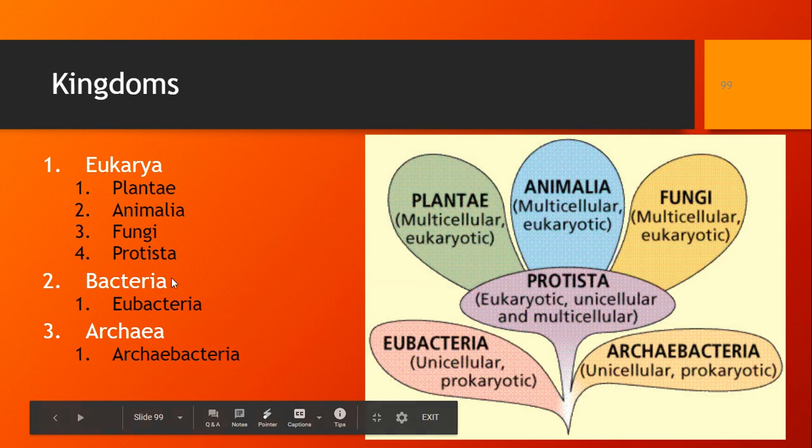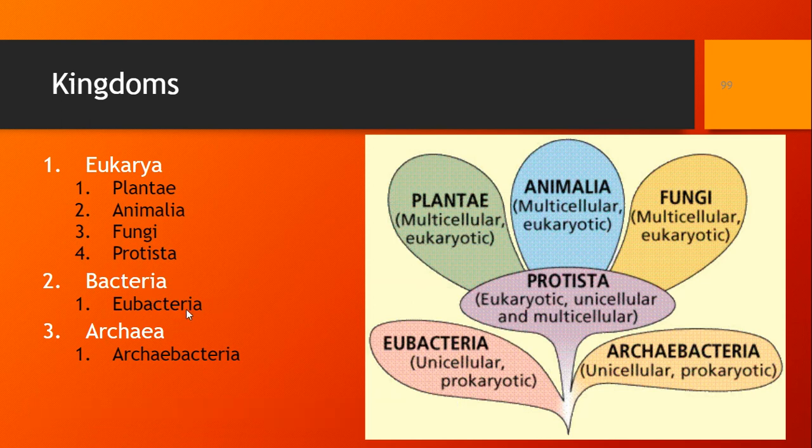Bacteria domain, eubacteria kingdom. Then eukarya is where we get our most diversity. We have kingdom plantae for plants, kingdom animalia for animals, kingdom fungi for fungi, and kingdom protista for protists. So that's pretty much it.